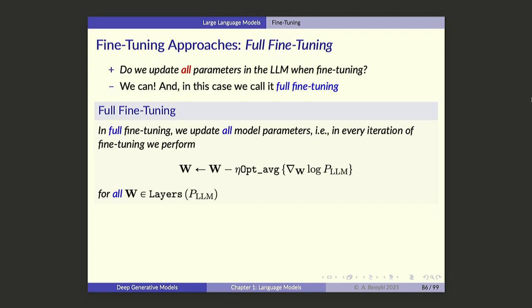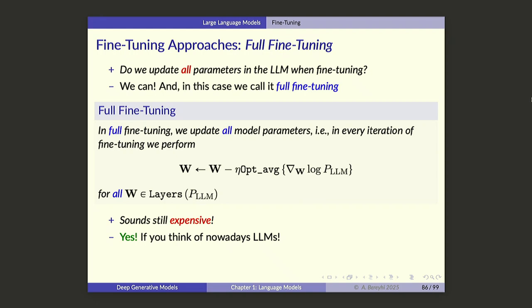Inside that transformer, every single layer which is generating keys, queries, values, the feed-forward layers, everything there, you update all of them when you are doing the fine-tuning. So if you do, I don't know, 3 epochs, and in each epoch you have 100 batches, it means that you are doing 300 iterations, and you update all of the weights 300 times. This full fine-tuning is a bit expensive, right?